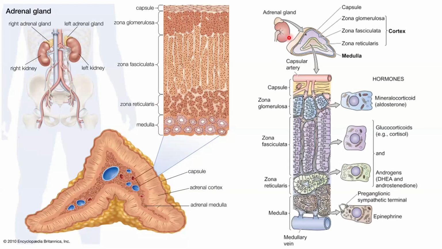As you can see here, there's a kidney with a suprarenal gland above it. The adrenal gland has the cortex and medulla. The cortex has zona glomerulosa, fasciculata, and reticularis. The medulla also has medullary veins in it, as we can see there.